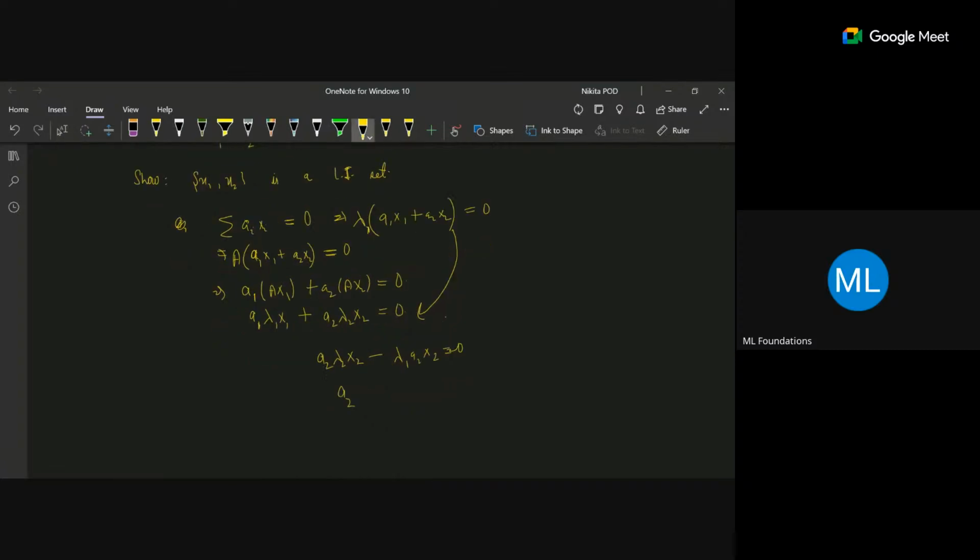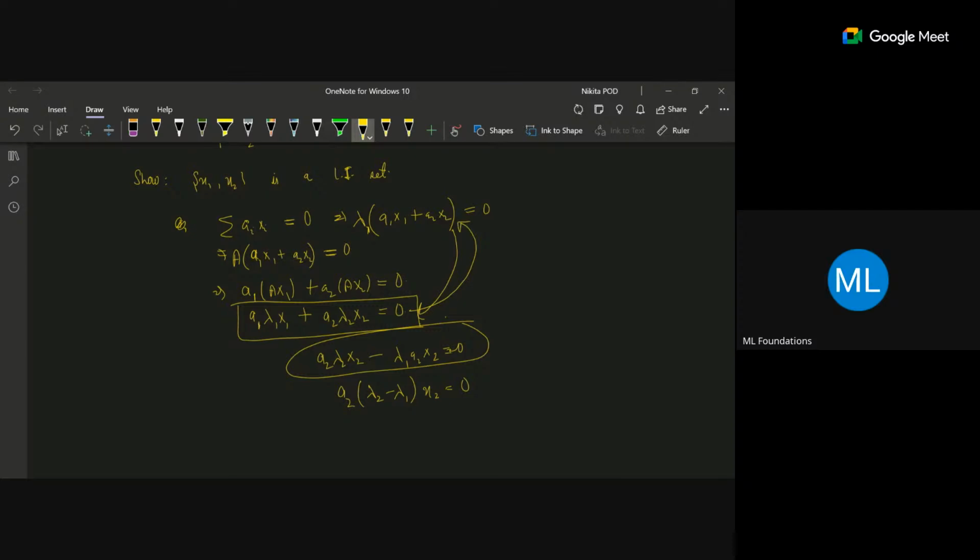Ma'am, how do you get that one? Which one? This one, in that step. Where do you get that from? So what I did is, I had this equation, and I had assumed that a1 x1 plus a2 x2 is 0.